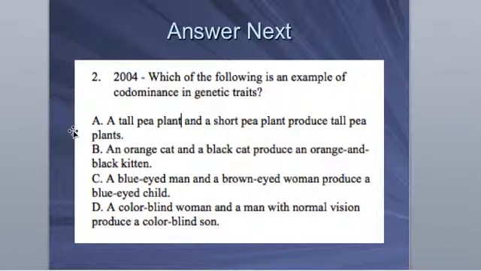A tall pea plant and a short pea plant produce tall pea plants. B. An orange cat and a black cat produce an orange and black kitten. C. A blue-eyed man and a brown-eyed woman produce a blue-eyed child. D. A colorblind woman and a man with normal vision produce a colorblind son.